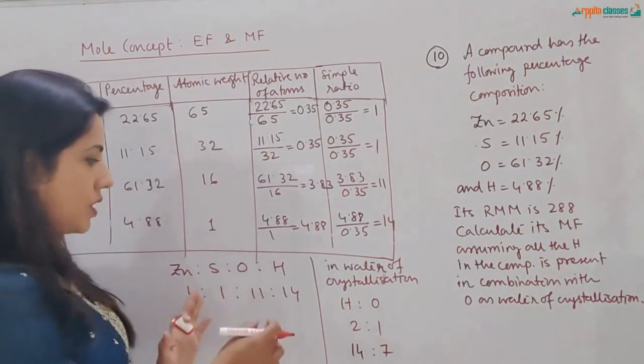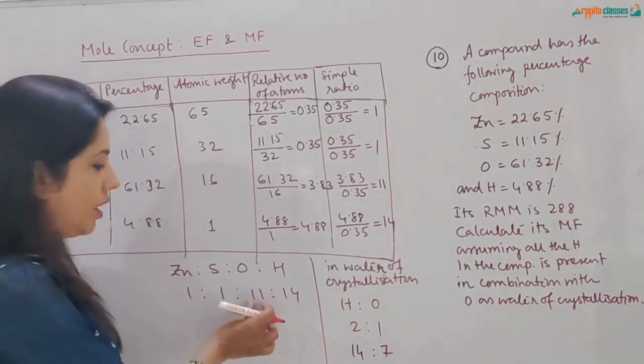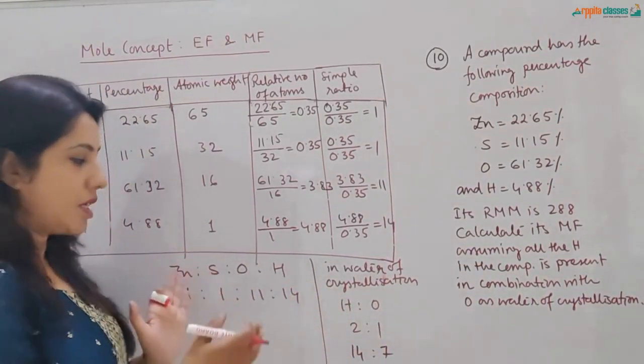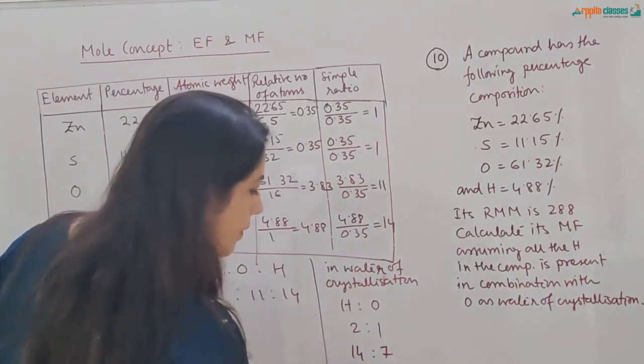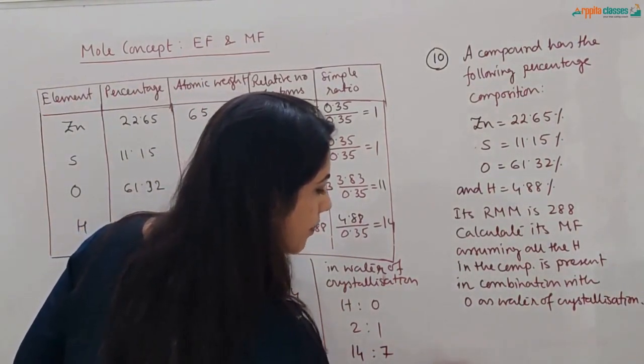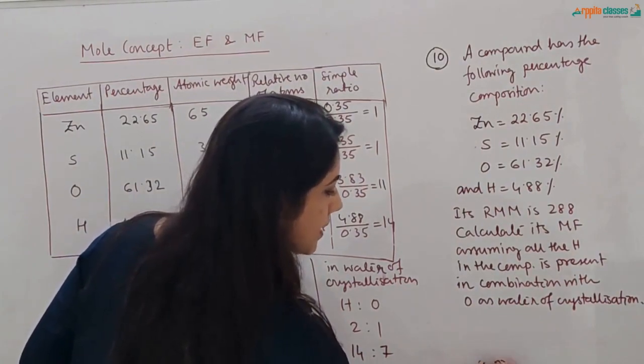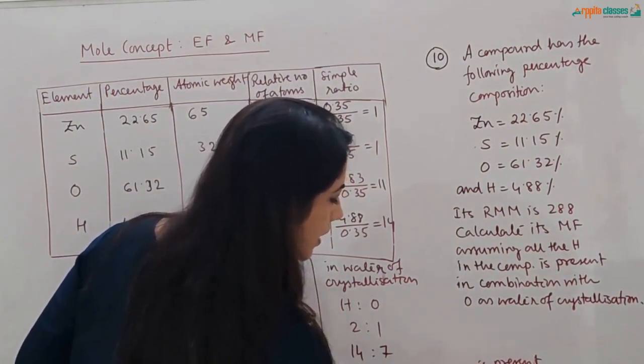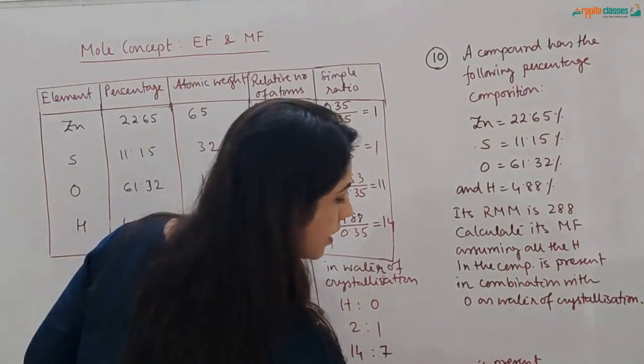That means the rest of the oxygen, total number of oxygen being 11 here, 11 minus 7, 4 oxygen is present in the salt.